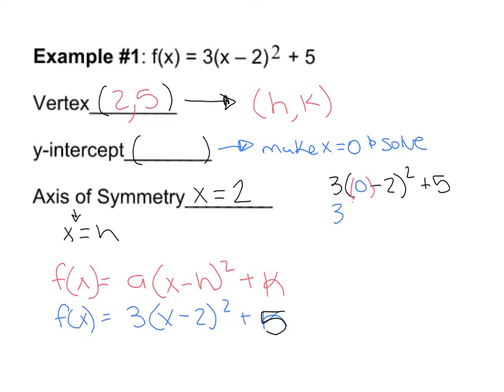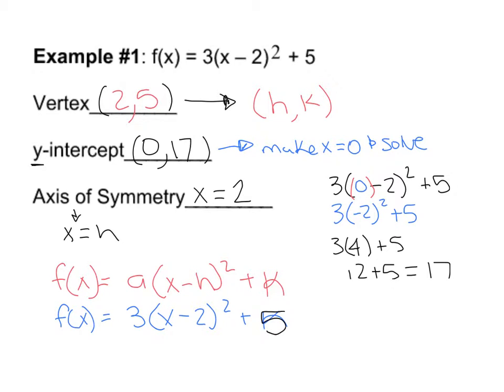Order of operations, please don't forget it. 0 minus 2 is negative 2, squared, plus 5. 3 times negative 2 squared, well, remember, a negative times a negative is going to make it a positive. Positive 2 squared is 4, plus 5. 3 times 4 is 12, plus 5. 12 plus 5 is 17. So our y-intercept is (0, 17).